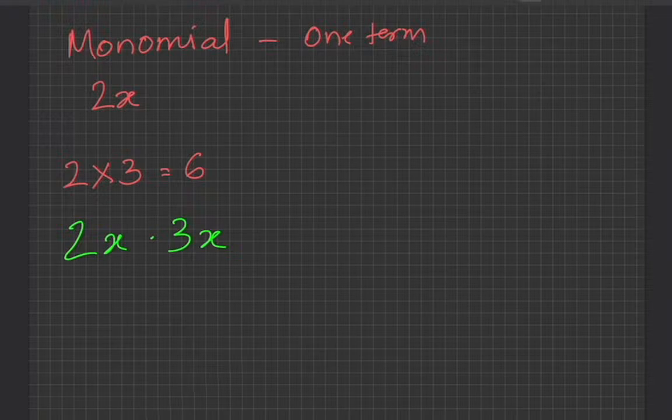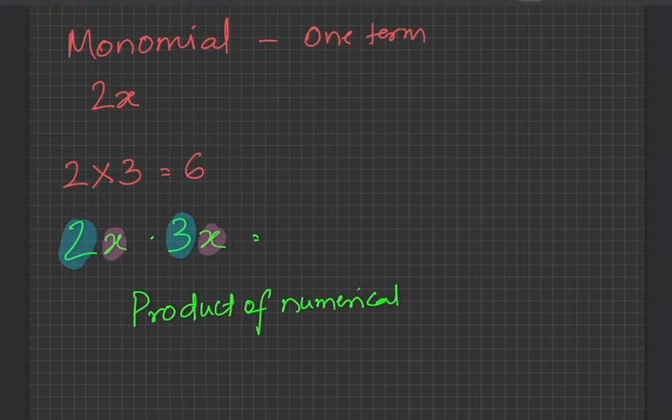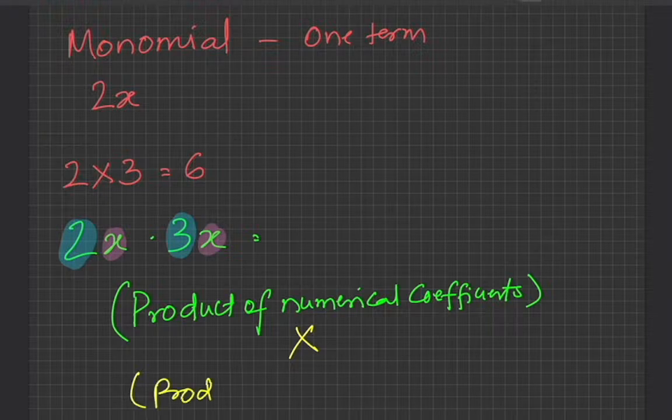The rule for that basically is: the product of two monomials will be the product of the numerical coefficients, times the product of the variables. These are the numerical coefficients, and these are basically the variables, x.